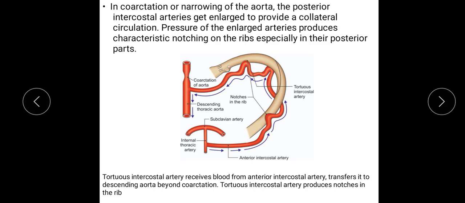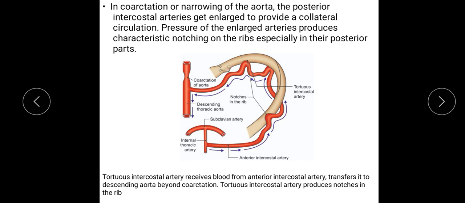The pressure of the enlarged arteries produces characteristic notching of the ribs, especially in their posterior part. And there are tortuous intercostal arteries. This is the tortuous intercostal artery which receives blood from the anterior intercostal artery. Blood comes from this anterior intercostal artery, which is a branch of the internal thoracic artery.